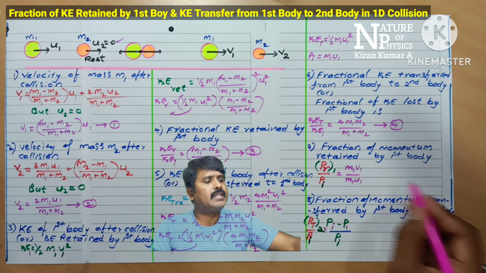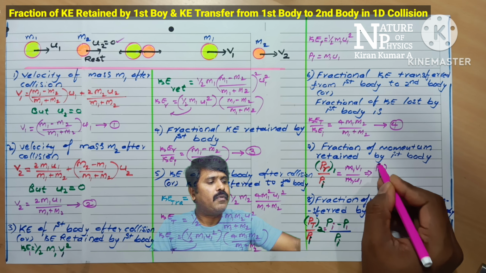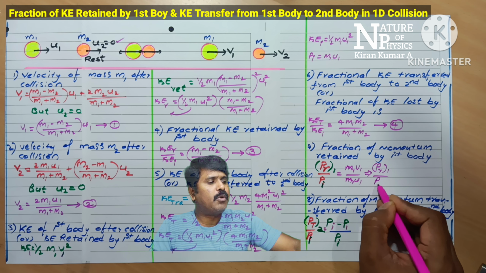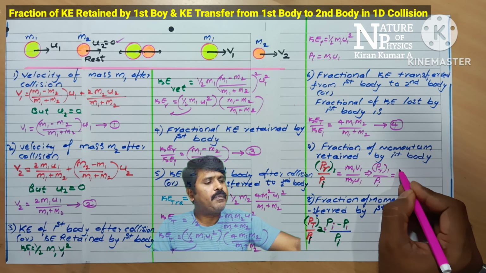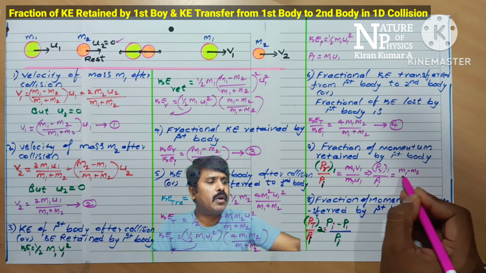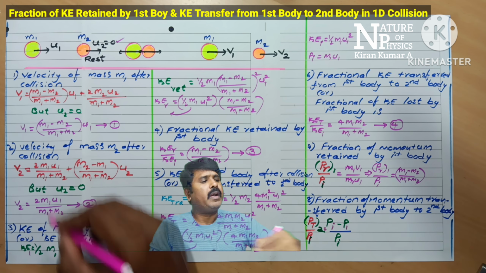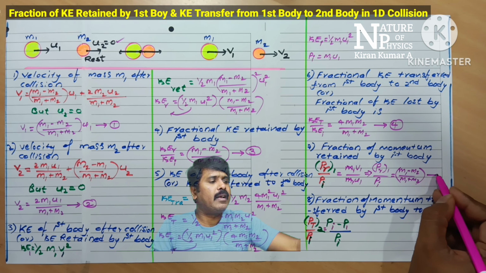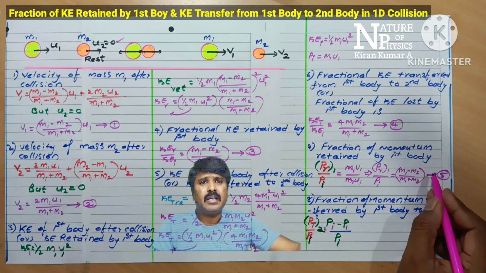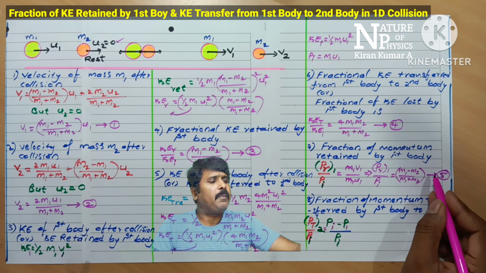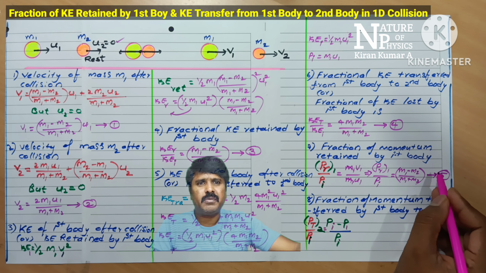Here m1 gets cancelled, and the remaining value I am writing: PR of the first body divided by the initial momentum is equal to v1 by u1, which is (m1 minus m2) divided by (m1 plus m2). Here u1 gets cancelled, since it is common in the numerator and denominator. This is equation number 5. So this is the fraction of momentum retained by the first body, student.